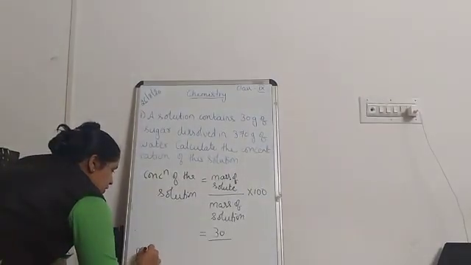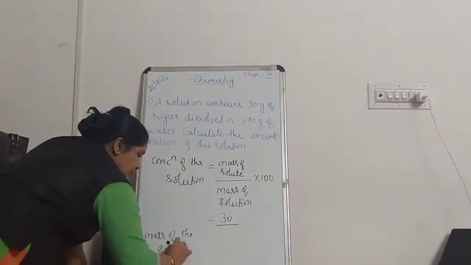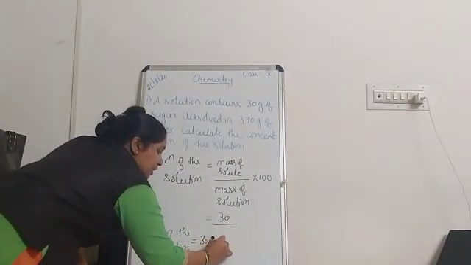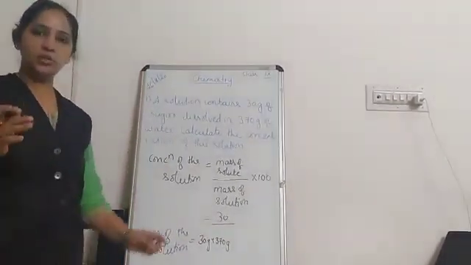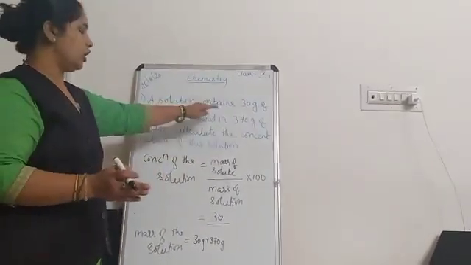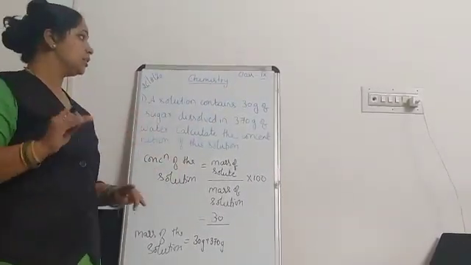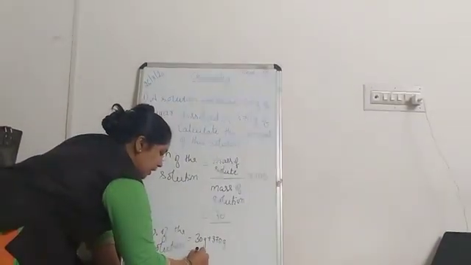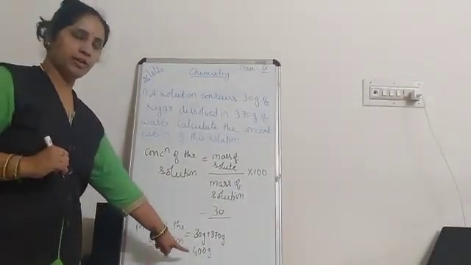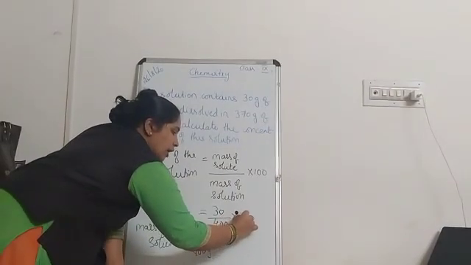It will be 30 gram plus 370 gram, because solution is the combination of solute plus solvent. So 370 gram plus 30 gram will give 400 gram. So the mass of the solution will be 400 gram. So 30 by 400 into 100.